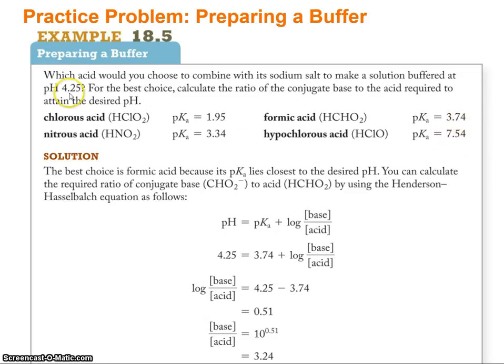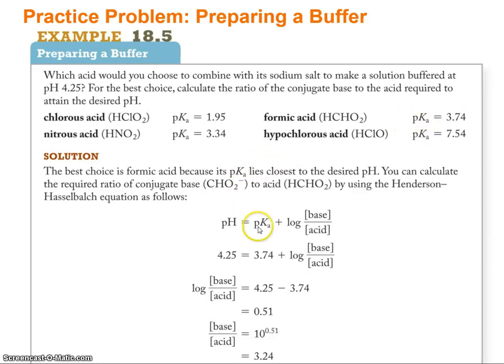I want something that's 4.25. This guy's out. It's a little too high. It's 2 pH units away. And this guy is within 1 pH unit. This guy is just barely within 1 pH unit. So we're going to go with the formic acid. And it's got the pKa that is closest.